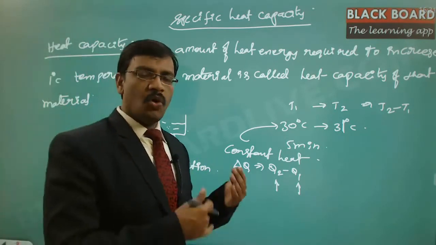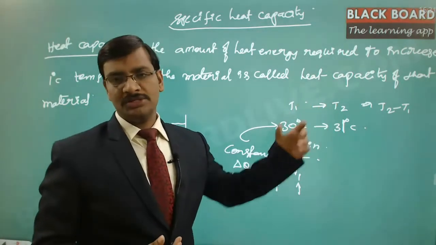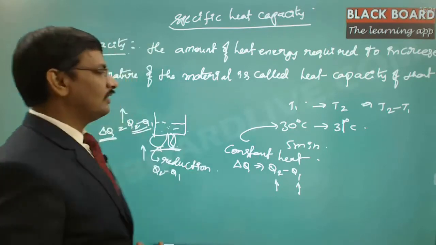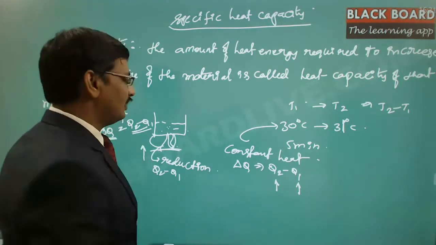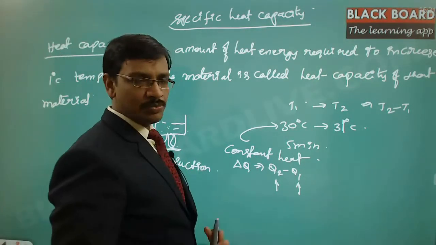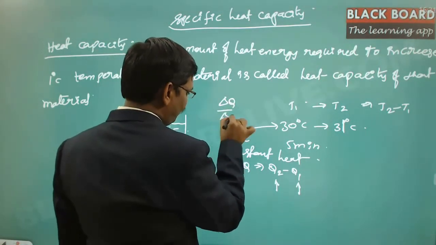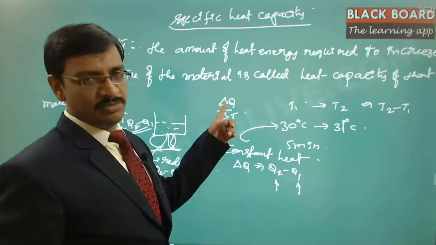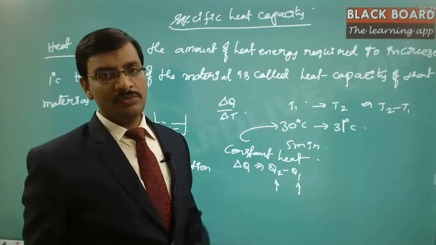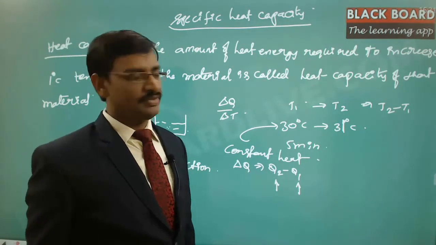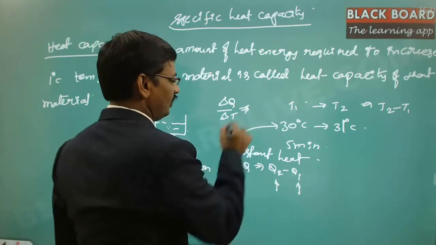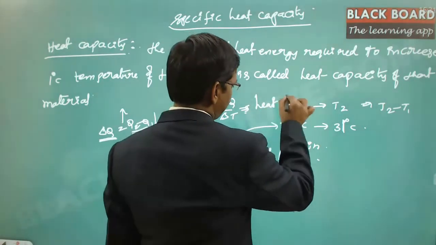Obviously, the more energy I give, the more the temperature is going to be raised. So these two are proportional to each other. Hence delta Q by delta T, the change in energy by change in temperature, is what we call the heat capacity.